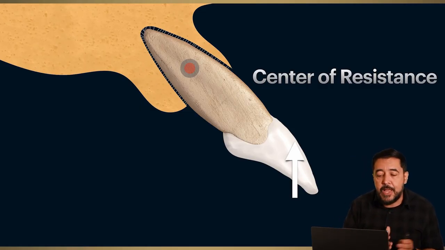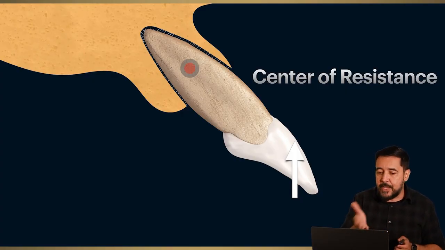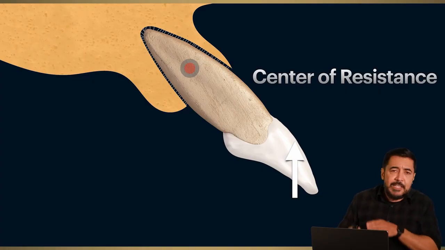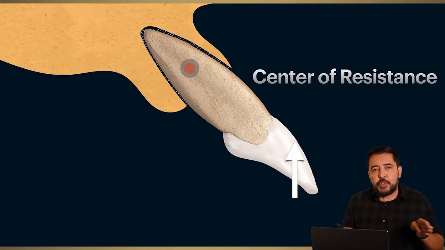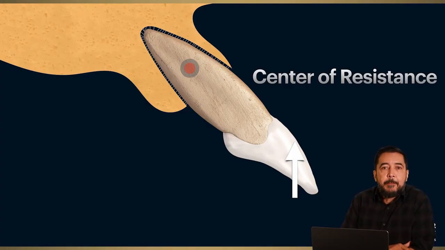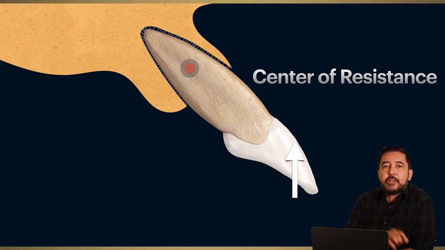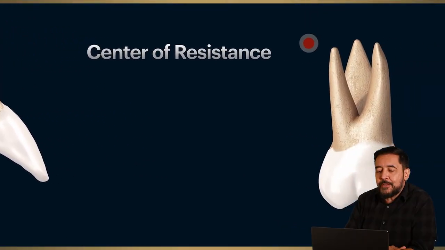I have to understand the relationship between this force I'm applying here and the center of resistance, which in some situations, as depicted here, is far from the position compared to a healthy periodontal status, okay? This is important, and we are going to focus on this point and many aspects in our biomechanics course, okay? So we're moving on.